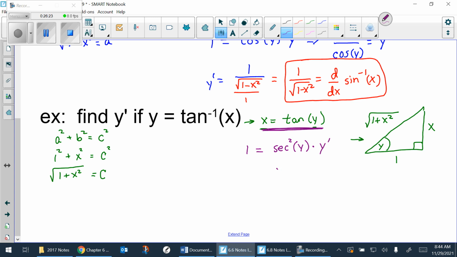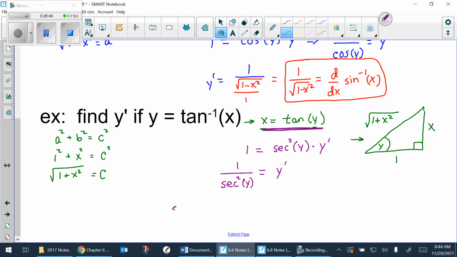So y prime will be equal to 1 divided by secant squared of y. Okay, so now I just got to find out what secant squared is. What do I know?